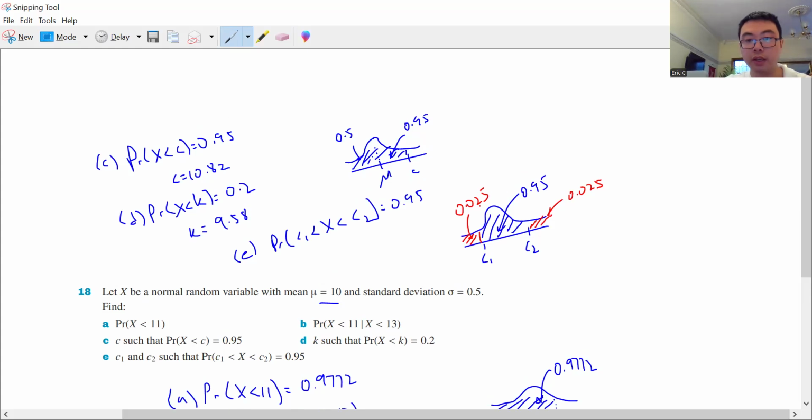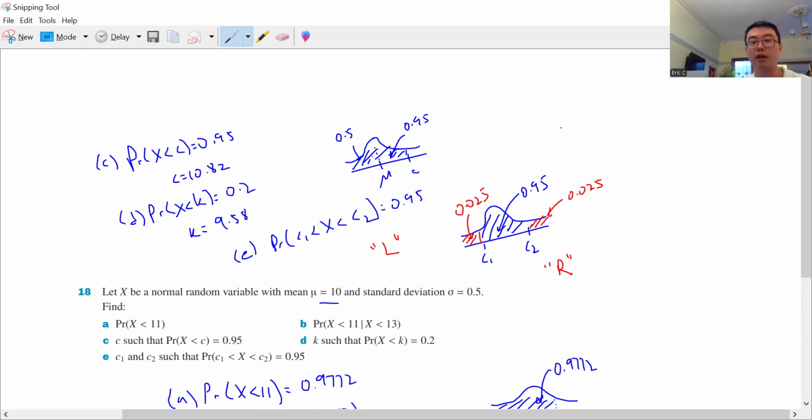That's why the left tail and the right tail are 0.025. So in the CAS, to find C1, you keep it as left tail settings. And then to find C2, you can change that left tail to right tail, and that will give you C2 because it's the same area under the graph.